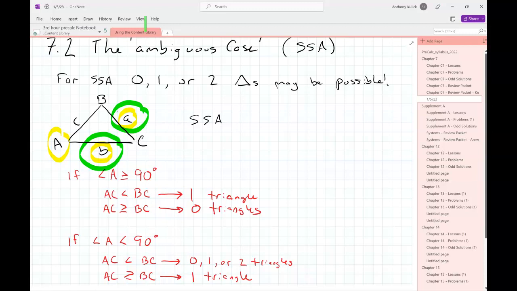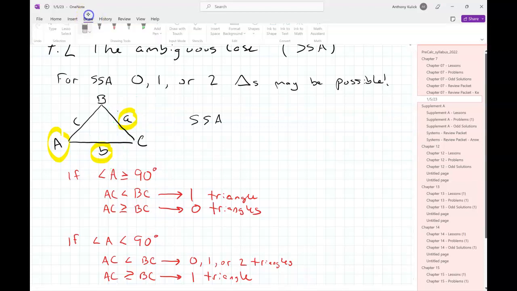You just get one triangle. If not, if the side opposite is the bigger of the two sides given, then we're in a heap of trouble here. We don't know what's going on for sure. You could get zero triangles, you could get one triangle, or you could get two triangles possible.